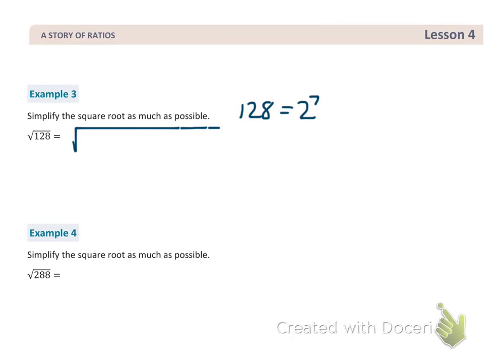So I'm going to call this 2 squared times 2 squared times 2 squared times 2, okay? What I did was I paired up the factors of 2, because then those will all be perfect squares.